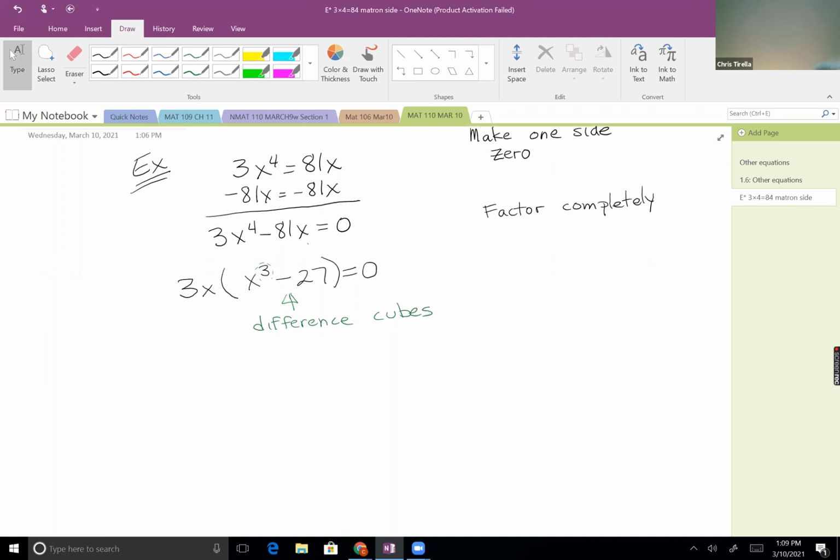Can anybody remember, if I have the difference of cubes, I think we wrote it as a cubed minus b cubed, that always factored into a minus b, keeping the same sign, a squared, going to square it, opposite sign, plus I'm going to multiply them, ab, and I'm going to always end with the last one squared.